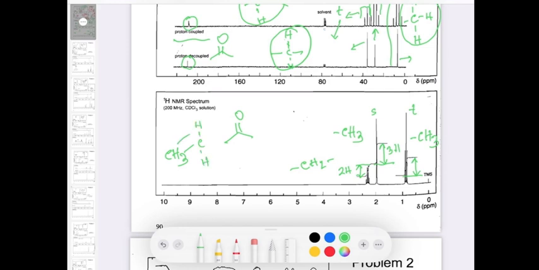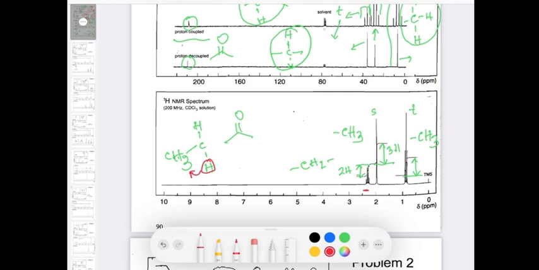So this methyl is seeing those 2 hydrogens, and 2 plus 1 is 3, so it gives a triplet. And definitely this CH2 will see these 3 hydrogens as neighbors, so that will give you a quartet, and that quartet is around 2.